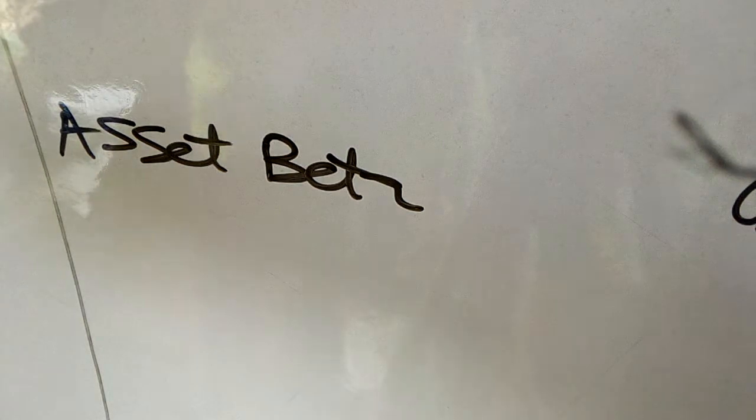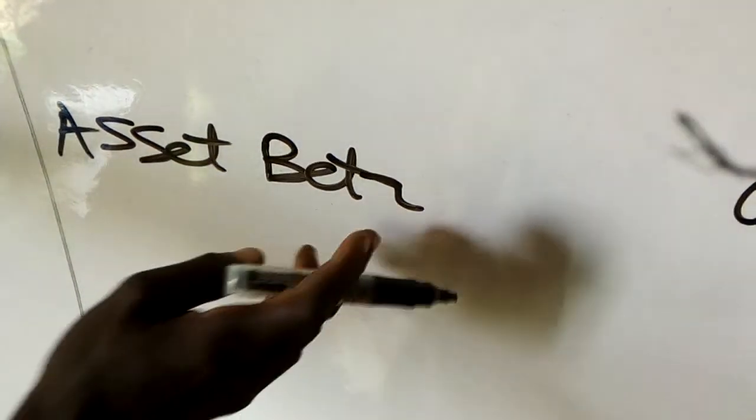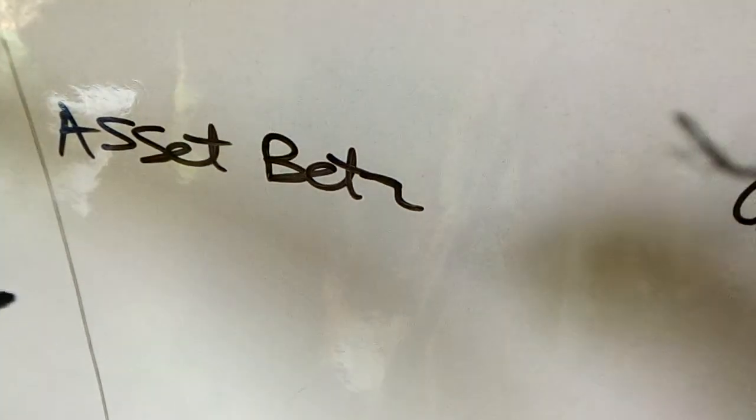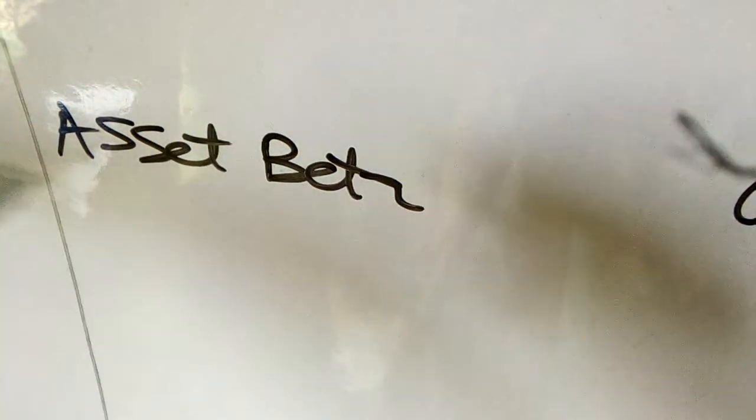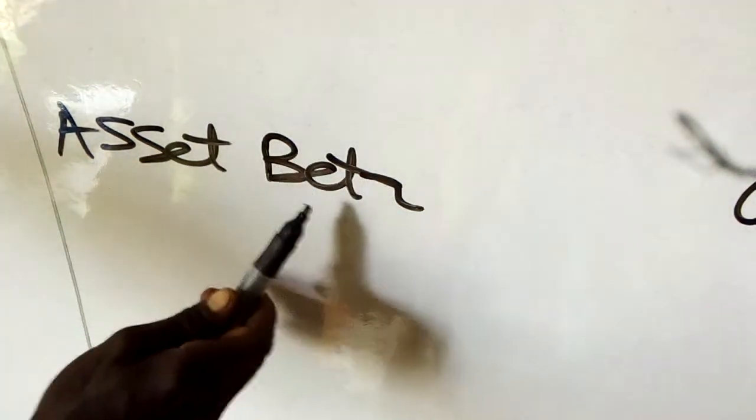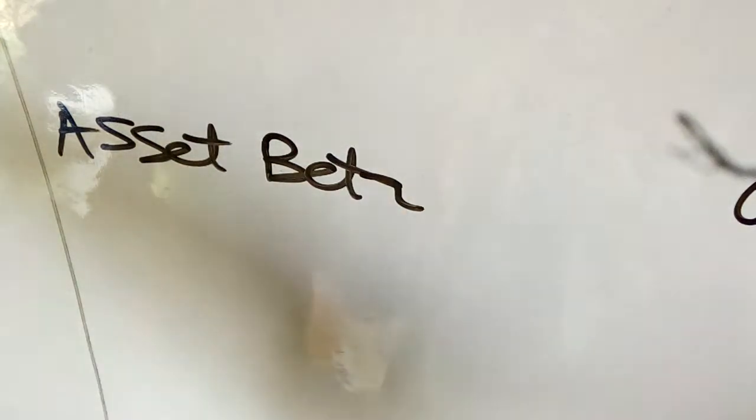What do you mean by an asset beta? Asset beta reflects purely the systematic risk of the business area.